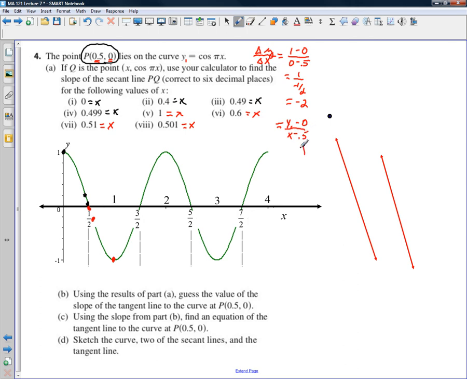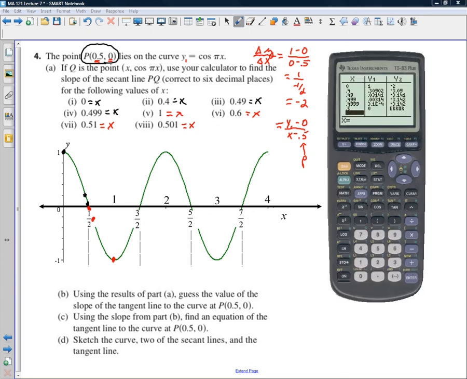These were the coordinates of the point P. So if I put 0.5 in the calculator, it immediately objects, because now it has a 0 denominator and it says you can't do that, so it presents us with that error message.